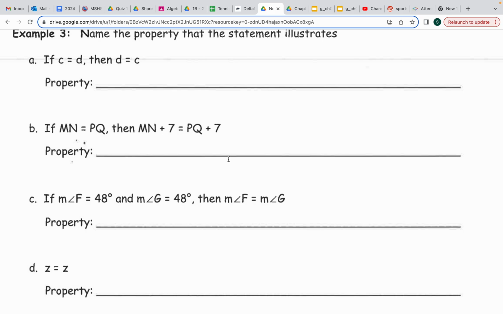Addition, perfect. I'm just going to put add. What about C? Yeah, this would be transitive, okay? Because this is like if A equals B, B equals C, all right, then A equals C. That's what's happening right over there. All right, so this is transitive.